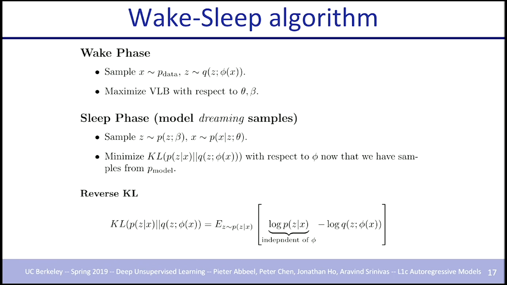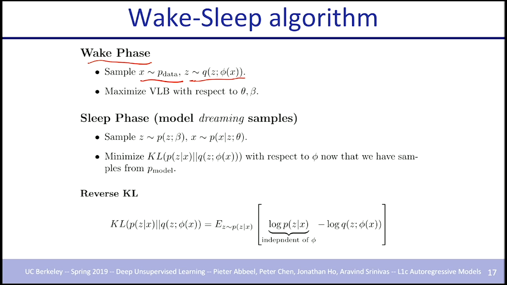And the reason it's called wake-sleep is really that it's broken down into two steps. There's a step called the wake phase. In the wake phase, you would sample data from nature, and then you would sample Z from your approximate posterior. Now with this X and Z, you can construct your variational lower bound.